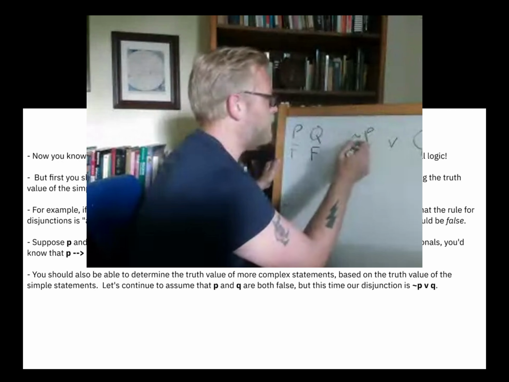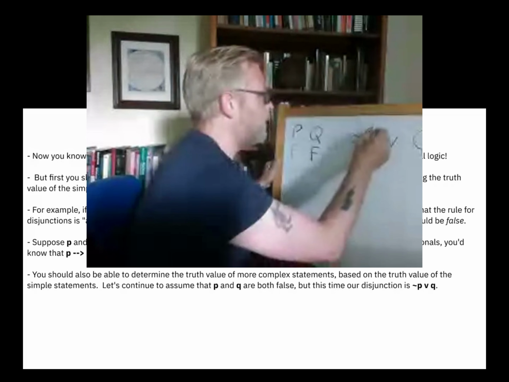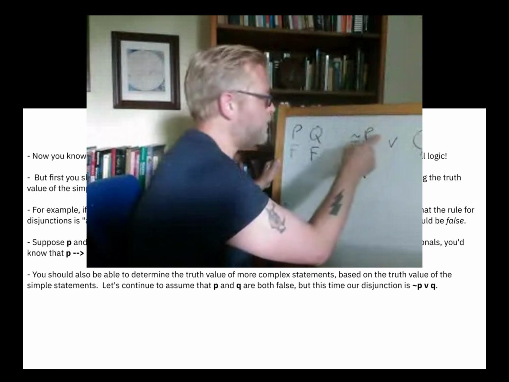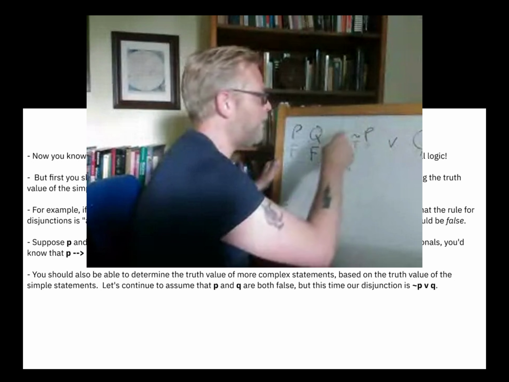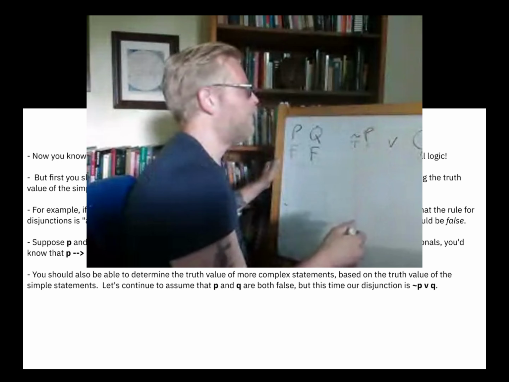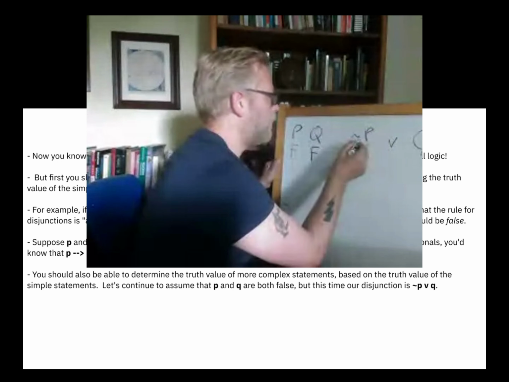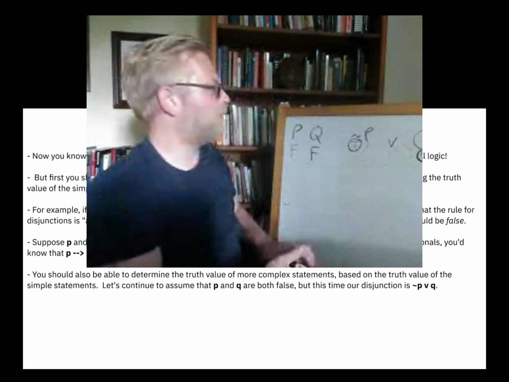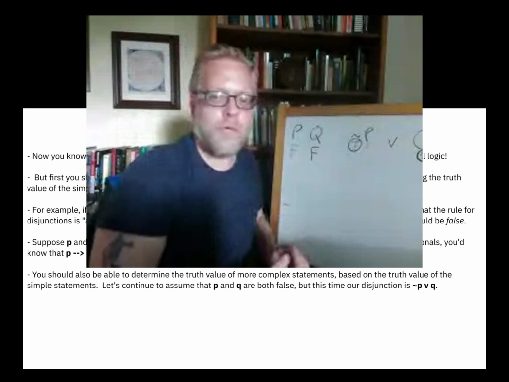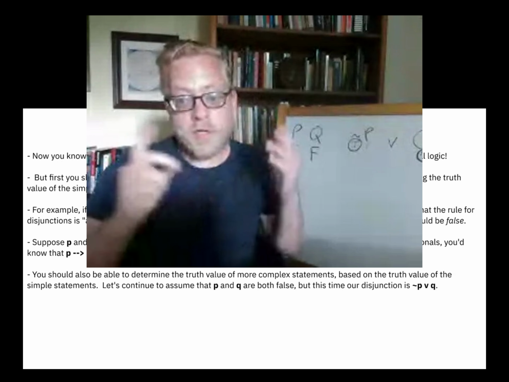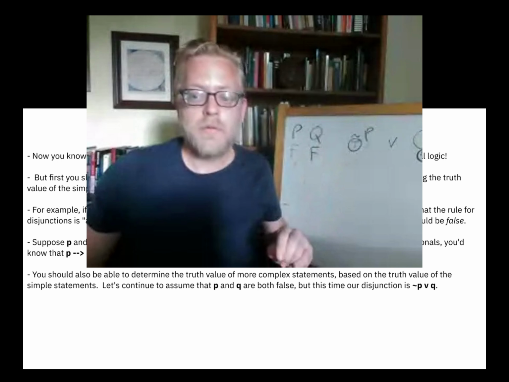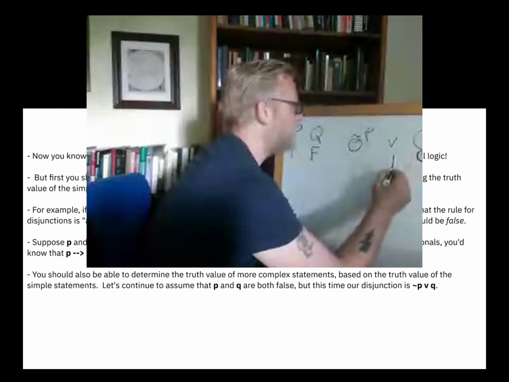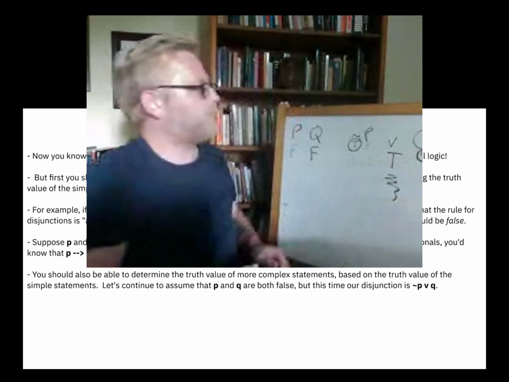And this tells us the truth value of this whole disjunct. Because in this case, the disjunct isn't P, the disjunct now is this statement here, not P. So one disjunct is true, and the other disjunct is false. Well, what is the rule for a disjunction? As long as one side is true, then the whole thing gets to be true. We do have one side being true.